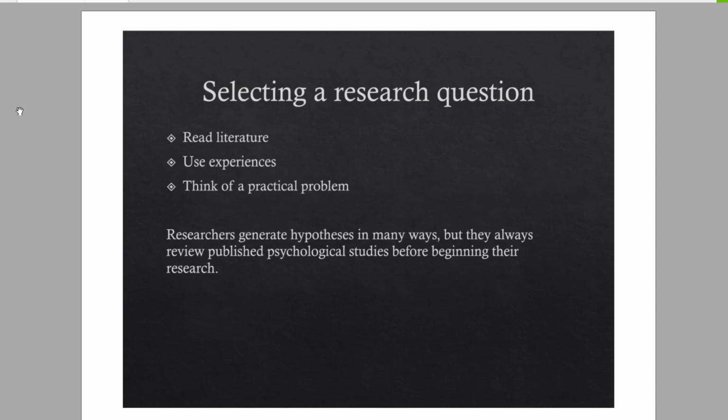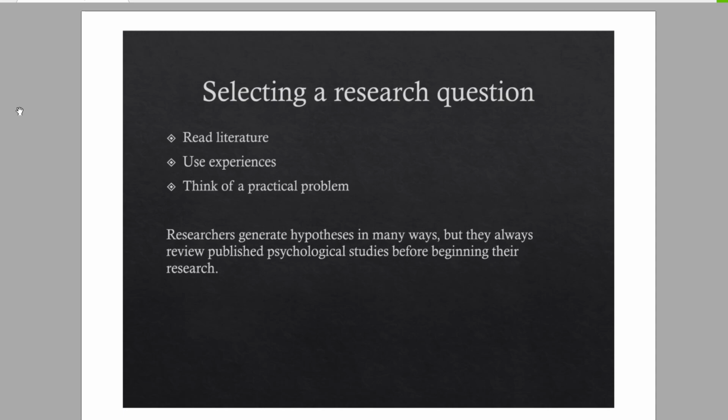But you think of a practical problem, or someone comes to you with a practical problem, and you, as the scientist, know how to go through the literature, and using your expertise can then go, oh, okay, let's think about a really well-designed study to think about that problem and to actually research it rather than just observing it.